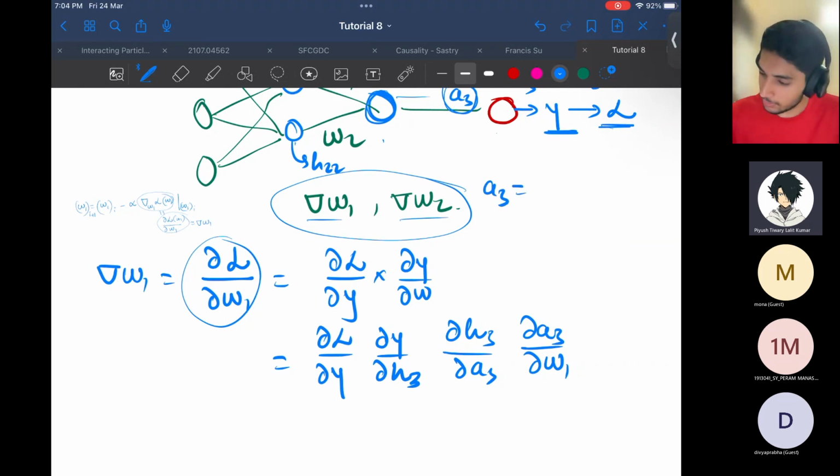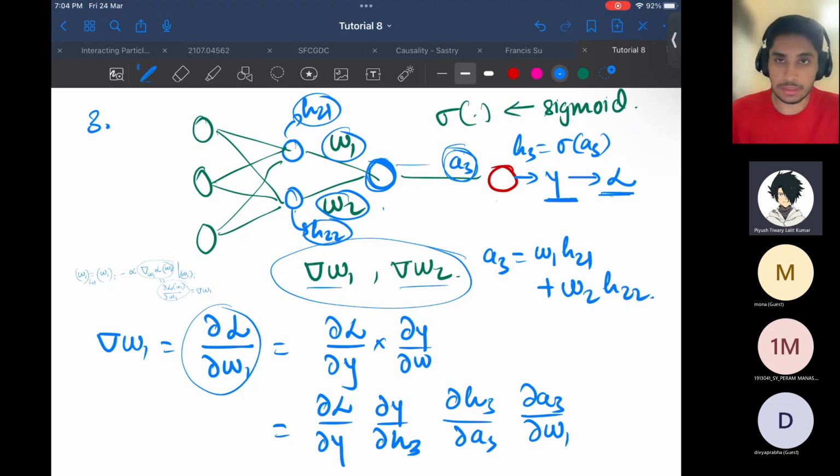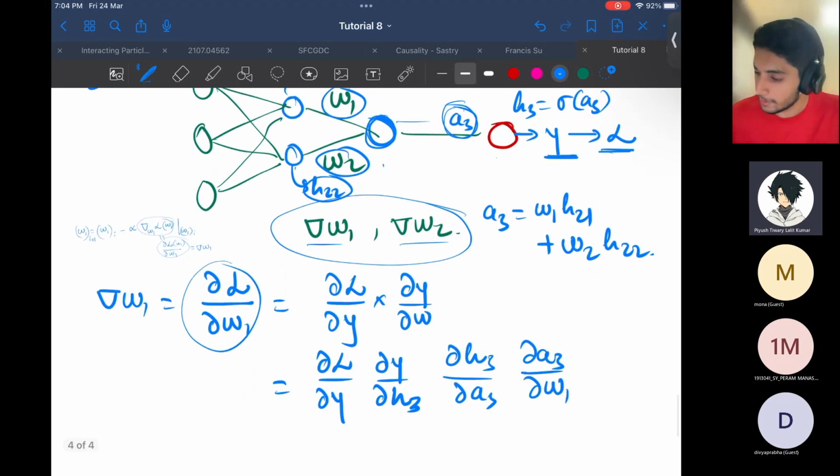A3 will be W1 times H21 plus W2 times H22. This is the simple multiplication, the way we calculate matrix multiplication, multiplication of weights with the corresponding inputs.